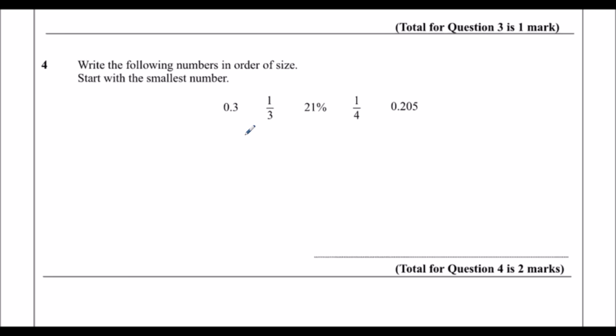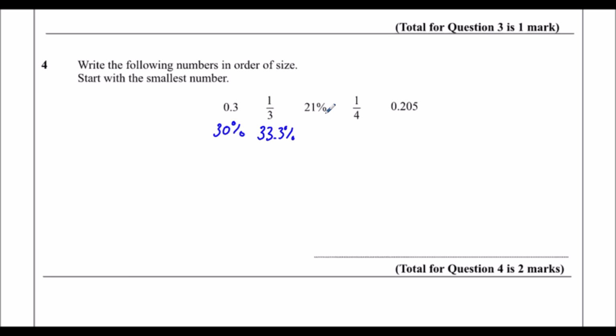So 0.3 times 100 is 30, so 30%. A third times 100, or a third of 100, is 33.3%. And the 3 will be recurring, 33.33333 going on forever.